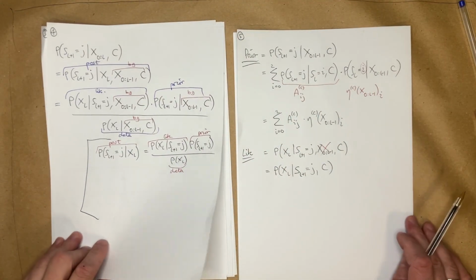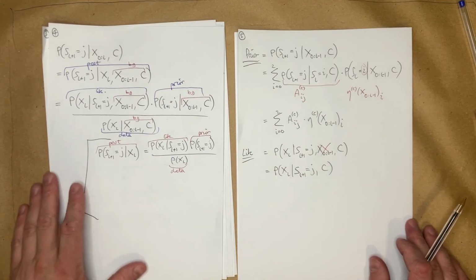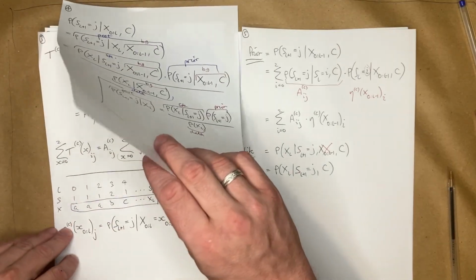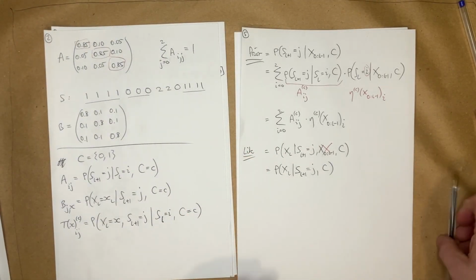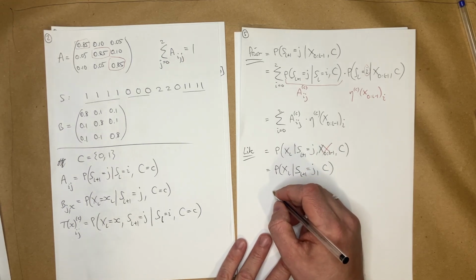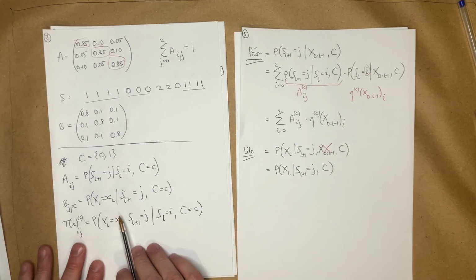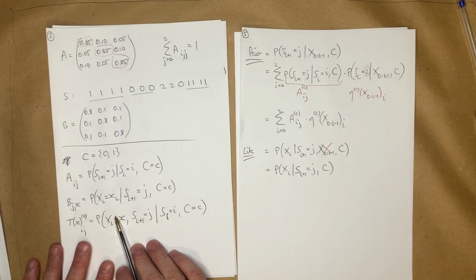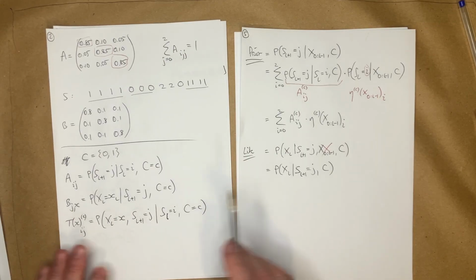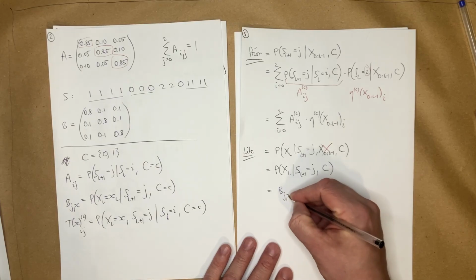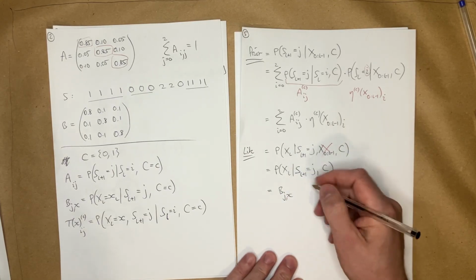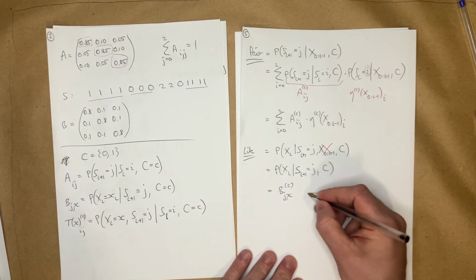Now that is also equal to something that we saw earlier. Here it is, which is matrix B. So by comparing the expressions here, we can see that actually the likelihood is just equal to B. And we need the C in superscript.